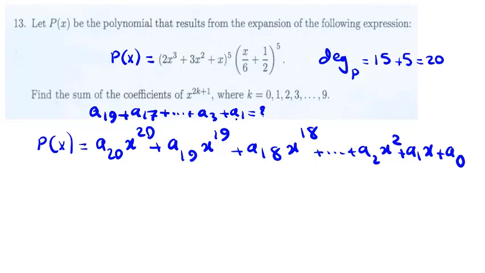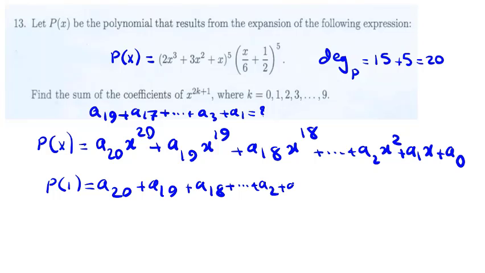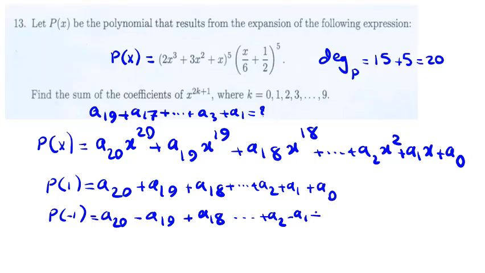If we consider P of 1, it will be a20 plus a19 plus a18 and so on, plus a2 plus a1 plus a0. If we consider P of negative 1, it will be a20 minus a19 plus a18 and so on, plus a2 minus a1 plus a0.